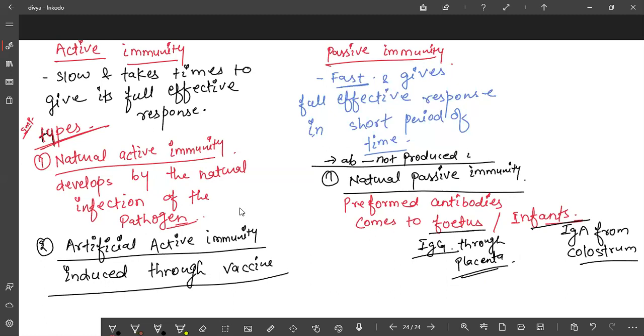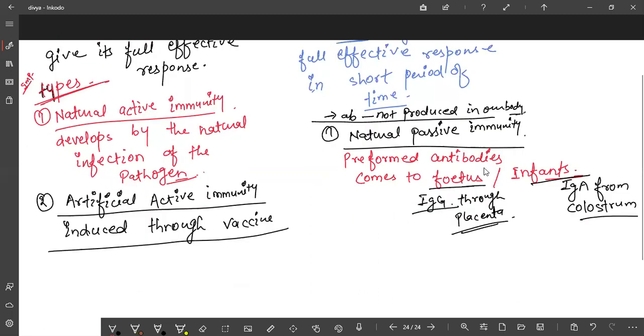It comes from where? Outside. Is it clear to you? So in passive immunity, antibodies are not produced in our body, they come from outside. Again, we will classify this passive immunity as natural passive immunity and artificial passive immunity.